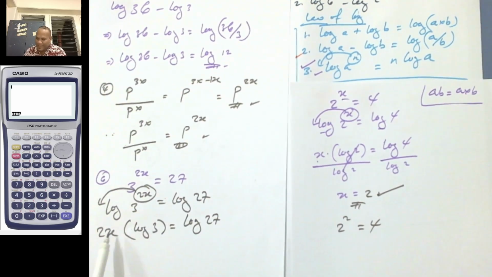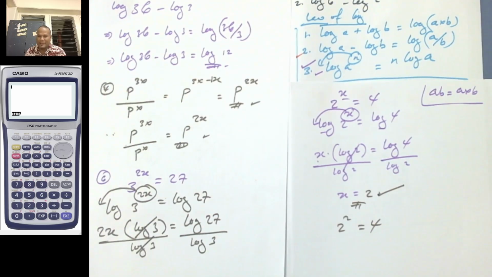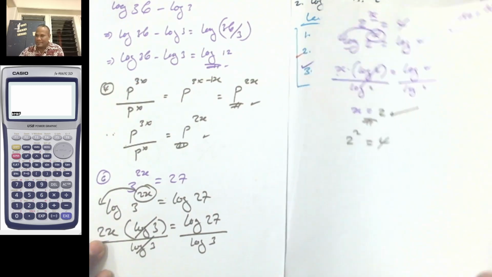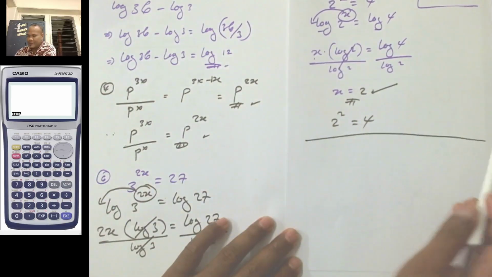I want to find x, so I'll take the log of this side. I'll divide by log 3, divide by log 3. This cancels out. I'll just take this up and write from here.